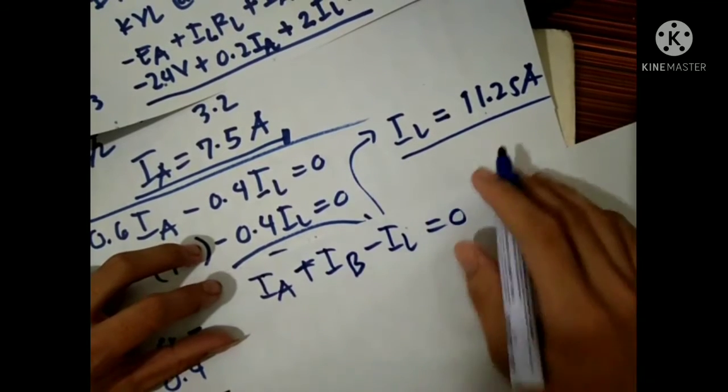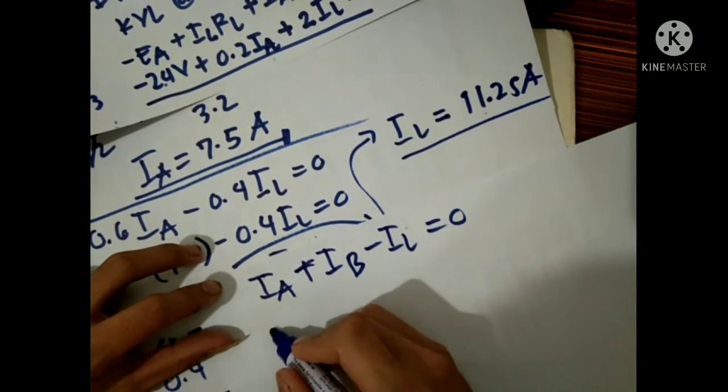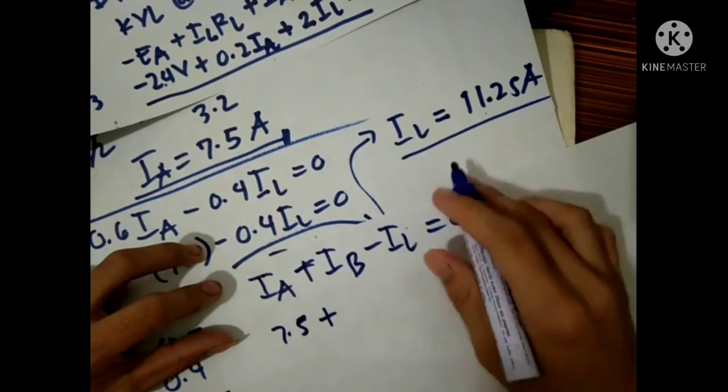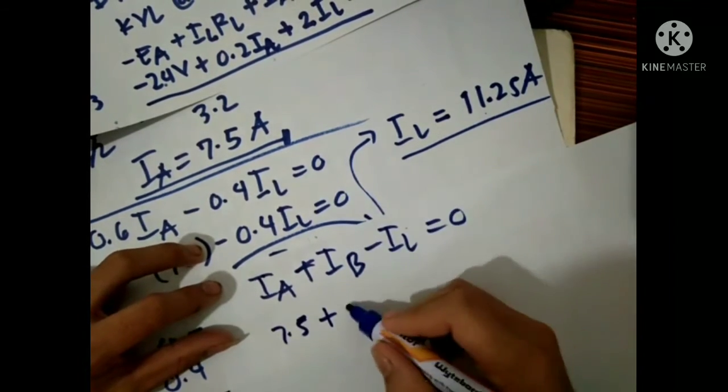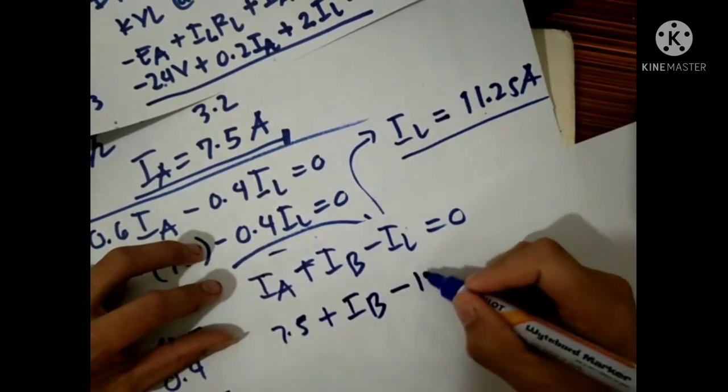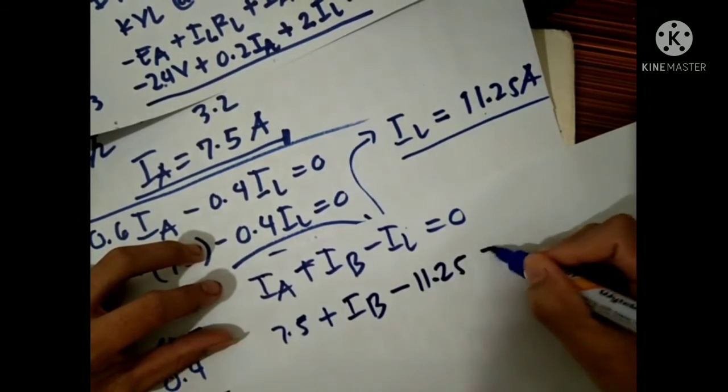So we plug in the value for IA, 7.5 ampere, plus IB, minus 11.25 is equal to 0.